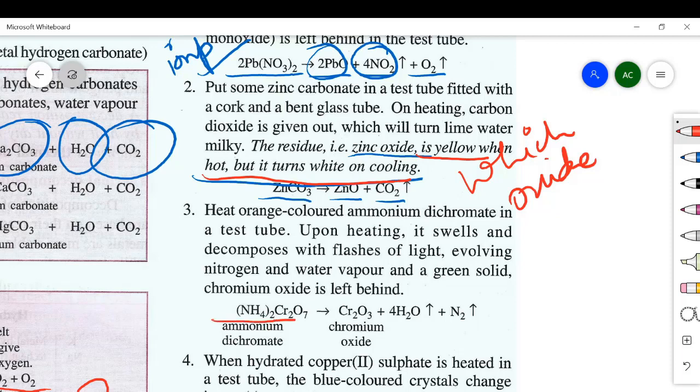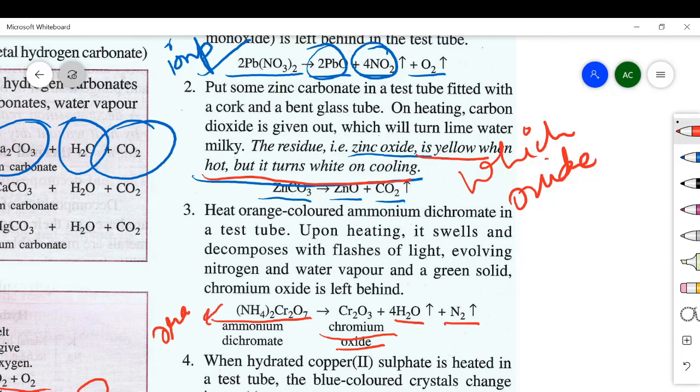Here ammonium dichromate will break down into chromium oxide, water vapor and nitrogen gas will be evolved. Just see the color of this ammonium dichromate is orange.